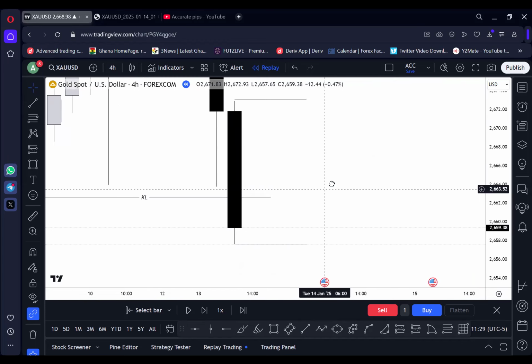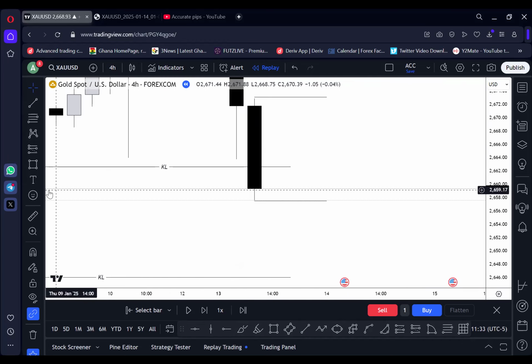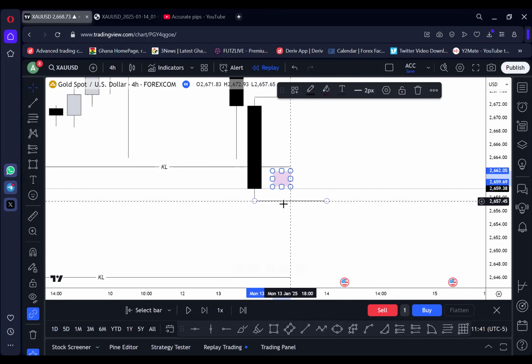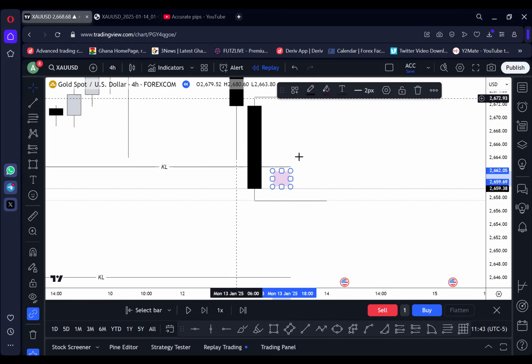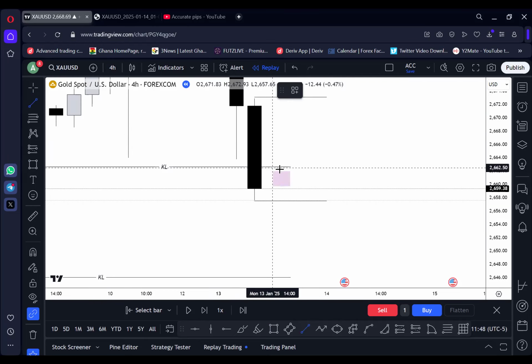Now, what am I looking for in this case to make a trade? I want the next candle that will form over here to purge the low of this black candle.